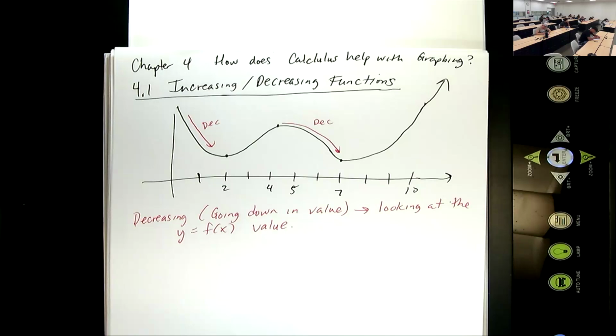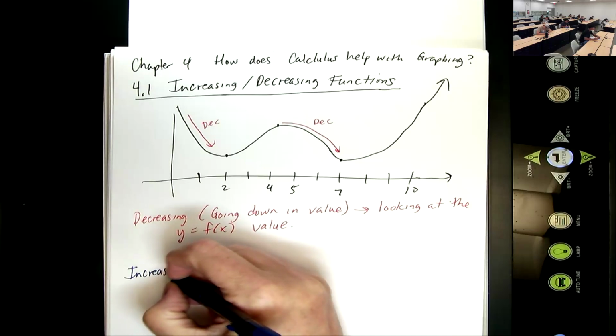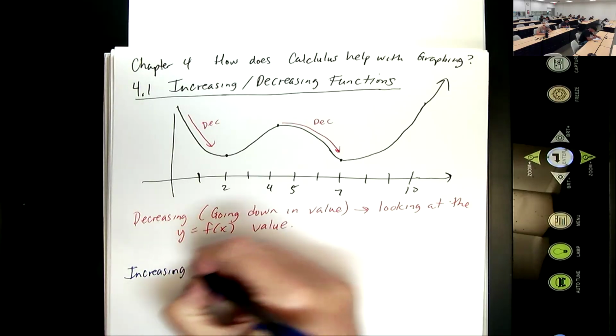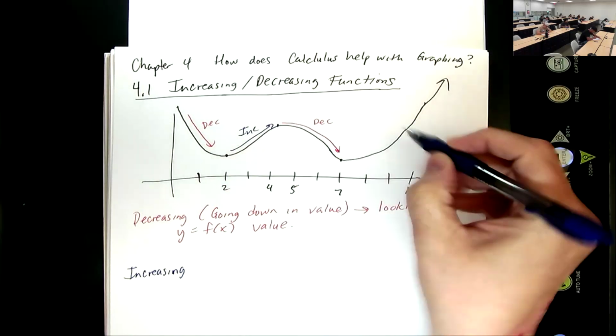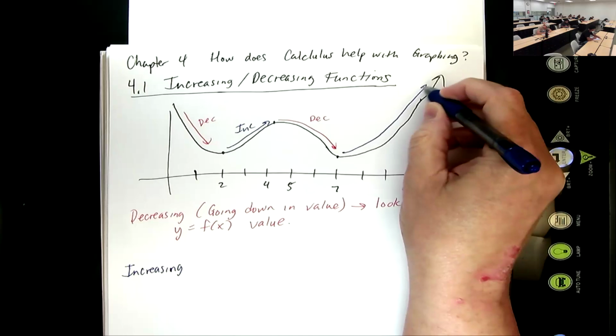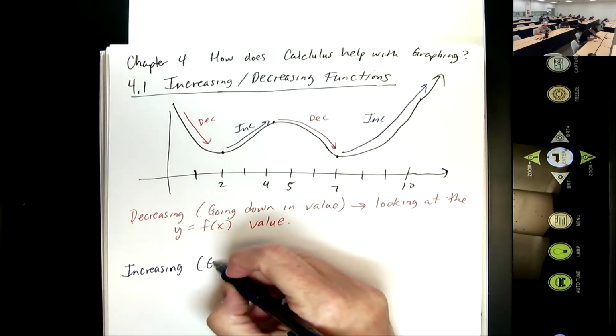And regions where it's increasing, it's going up from there to there. And it looks like it's going up there. So increasing is going up in value.